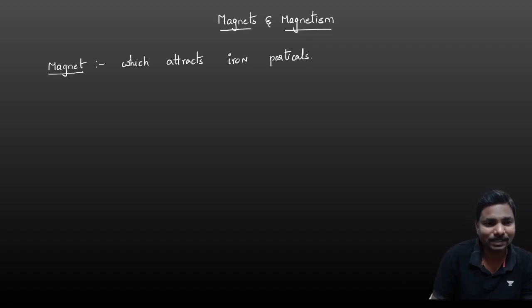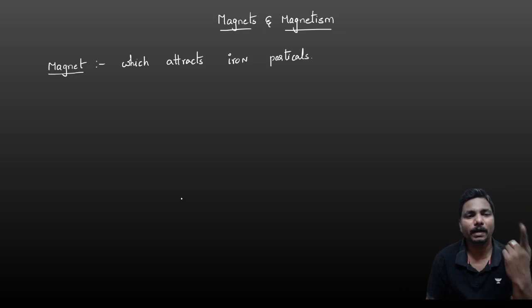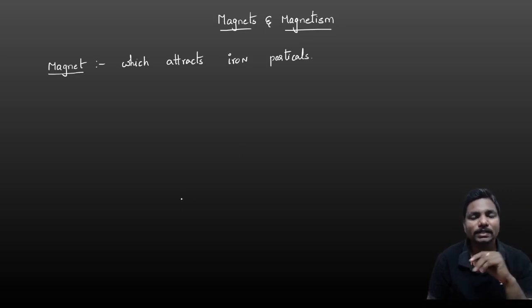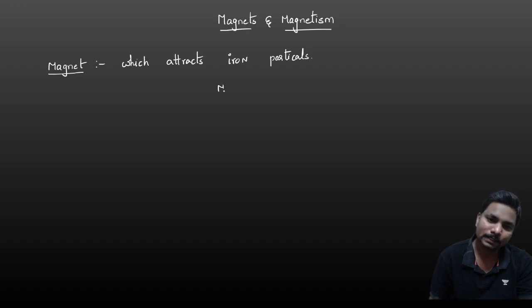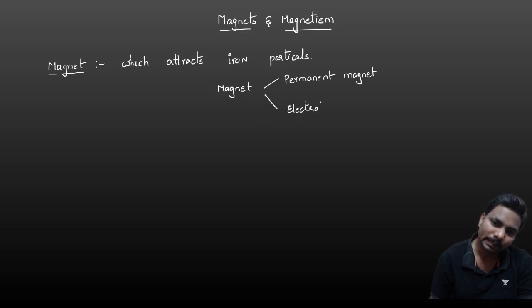These magnets are generally of two types: one is a permanent magnet, the second is the electromagnet.